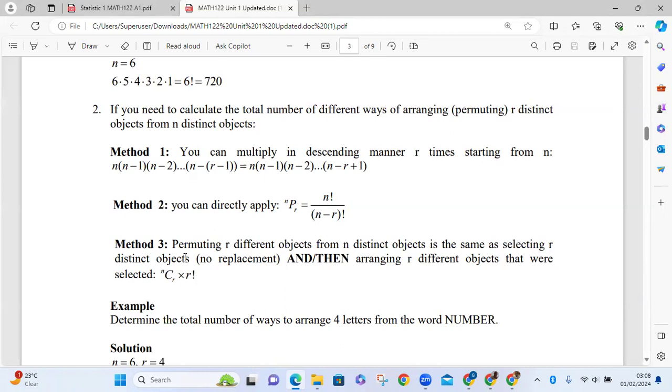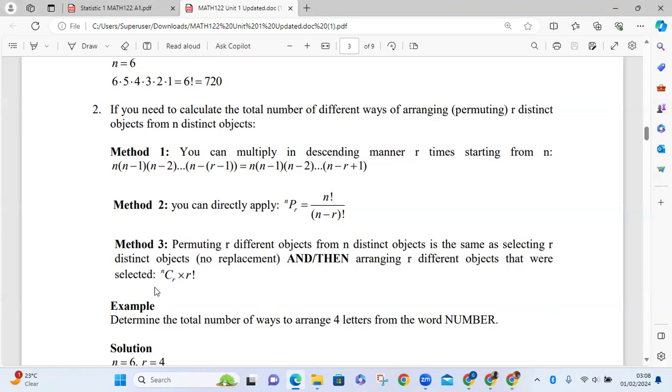There's a third method now of permuting r different objects from n distinct objects, which is the same as selecting r distinct objects, no replacement, and then arranging the r different objects that were selected. Now, the operation for the word and in statistics, in probability analysis, is multiply.